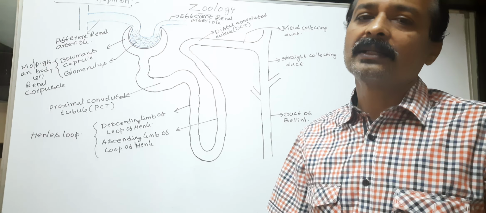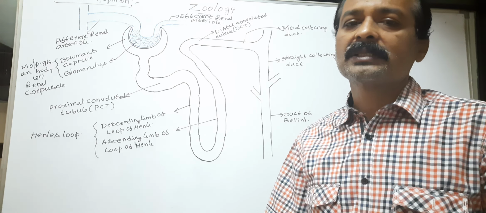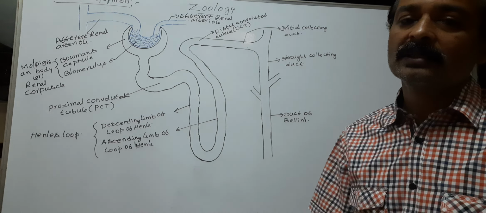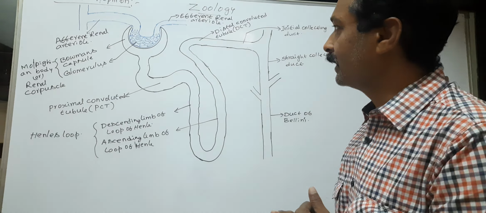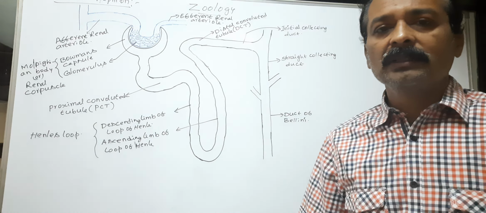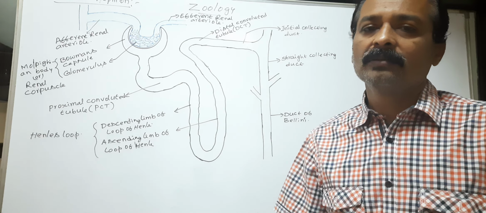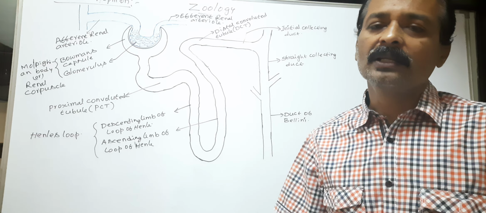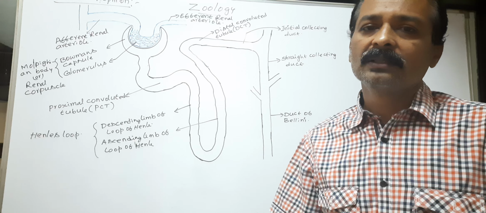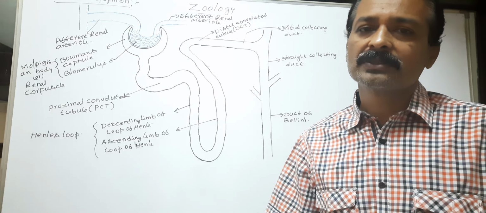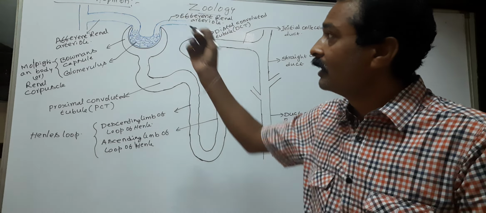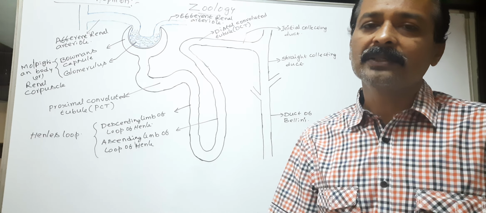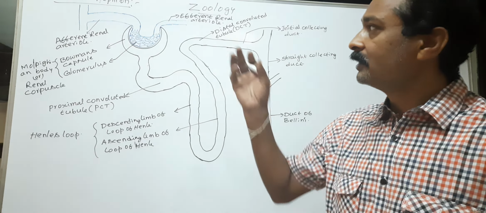Nephrons filter the blood and separate the nitrogenous waste. Internally, kidney possesses connective tissue, blood vessels, lymph vessels, nerves, and also nephrons. Nephrons extend in the connective tissue of the kidney.